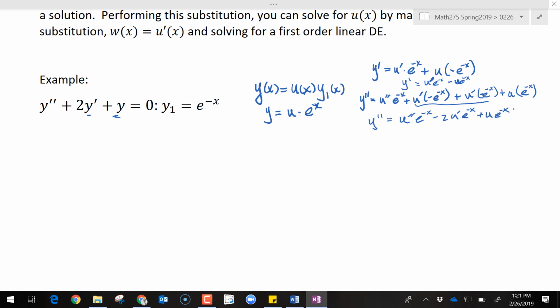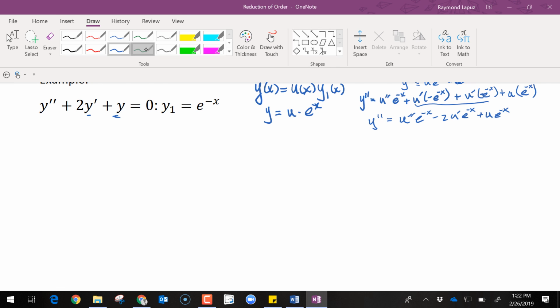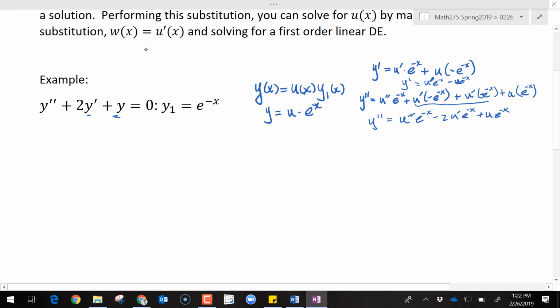Let's see what happens. Let's put all that into here. So y double prime is going to be u double prime e to the negative x minus 2 u prime e to the negative x plus u e to the negative x.